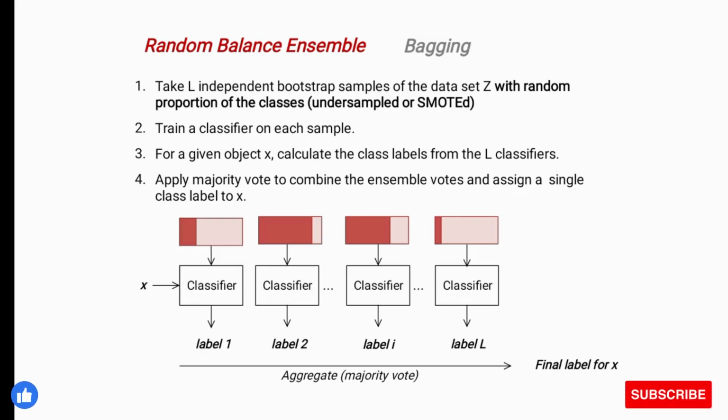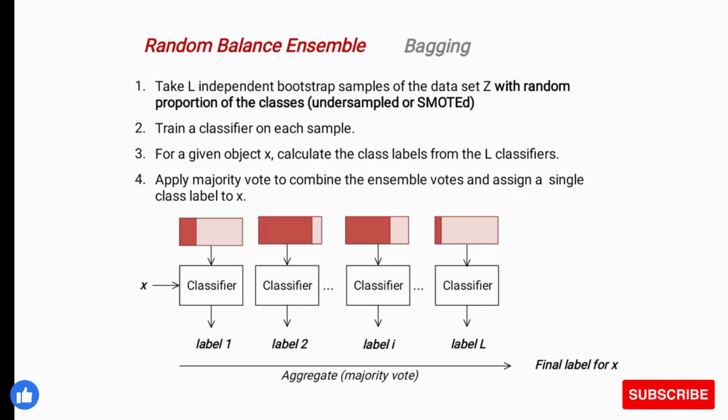So we take L independent bootstrap samples of Z, with a random proportion of the classes undersampled or SMOTEd.